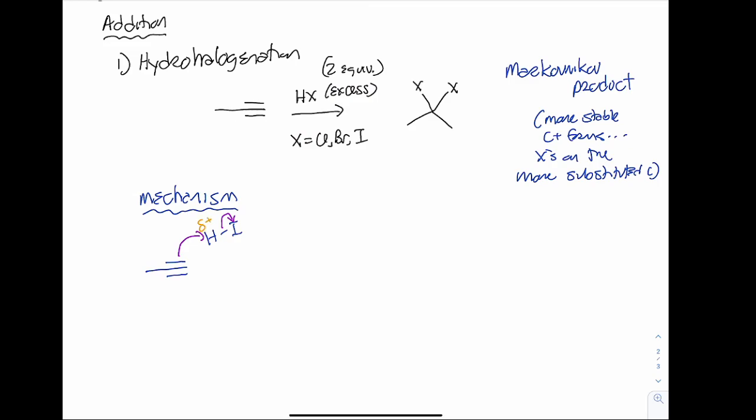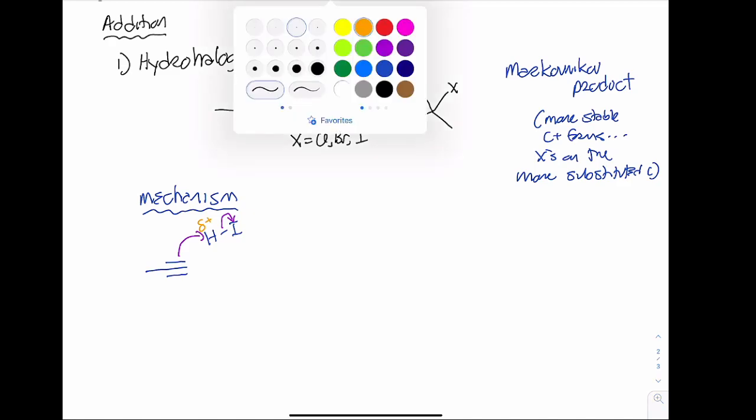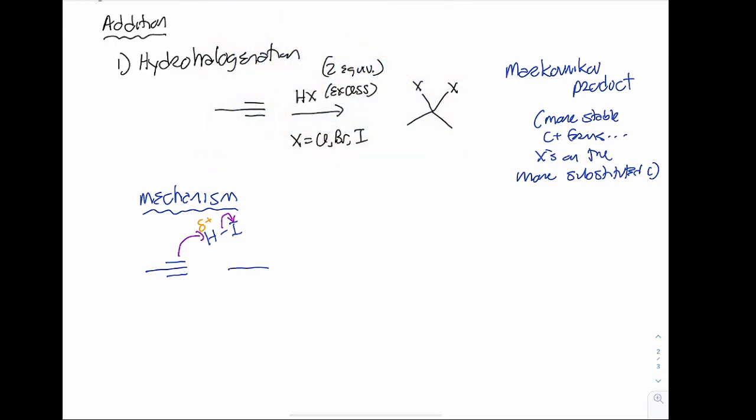I then need to break the bond between hydrogen and iodine, and I do that by putting those electrons onto iodine as a lone pair. I want that carbocation to be more stable, so I want the positive charge on the more substituted carbon. So I end up with this intermediate. I have iodide floating around.